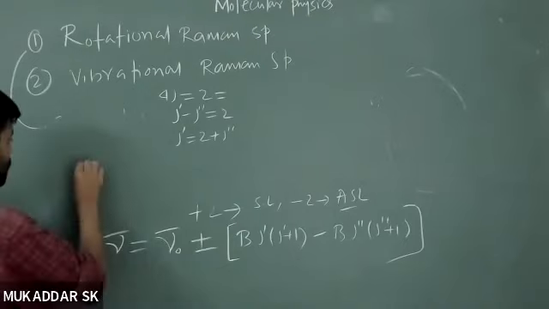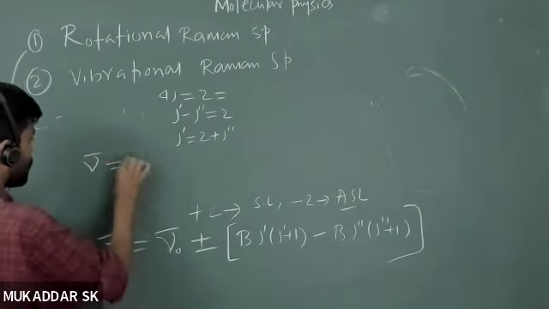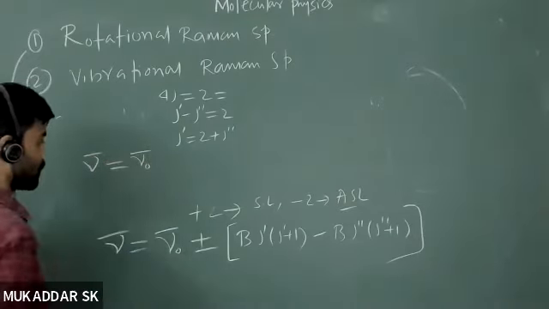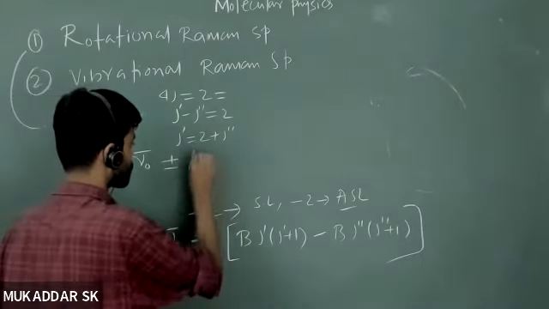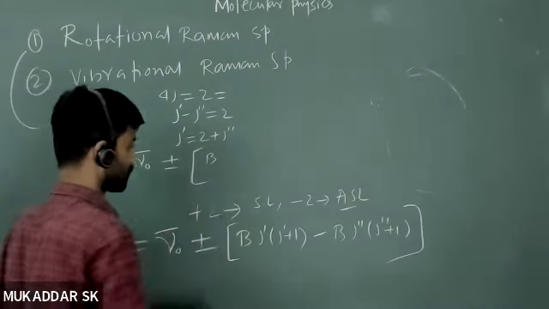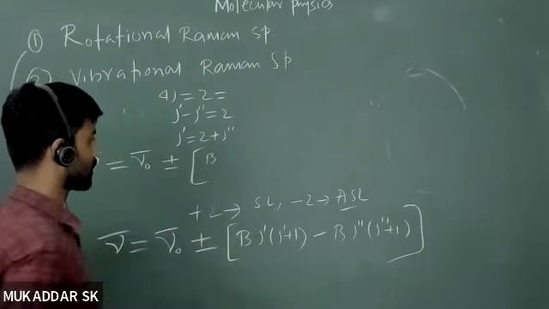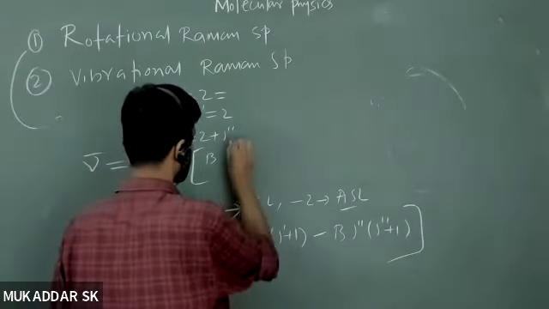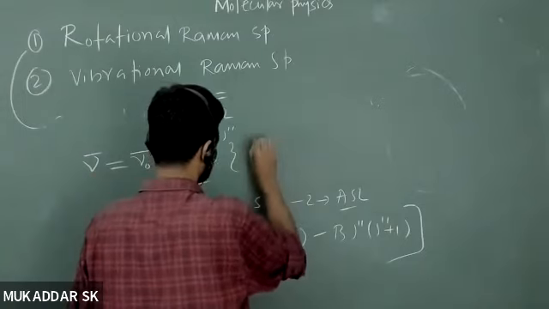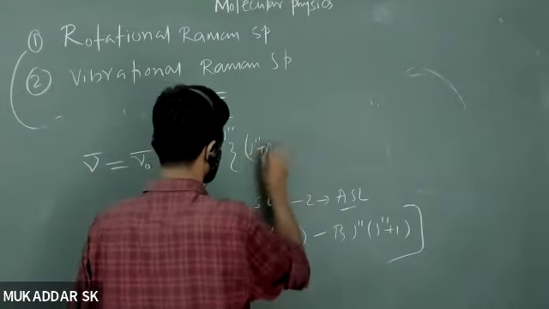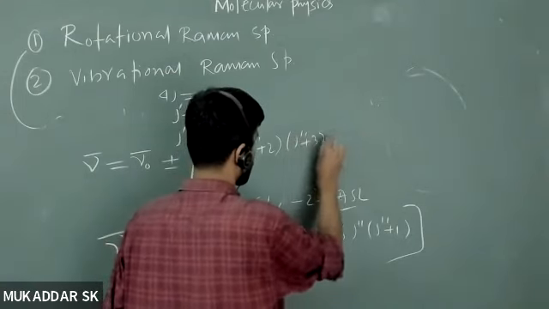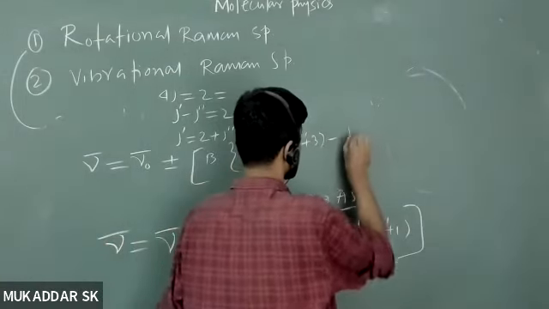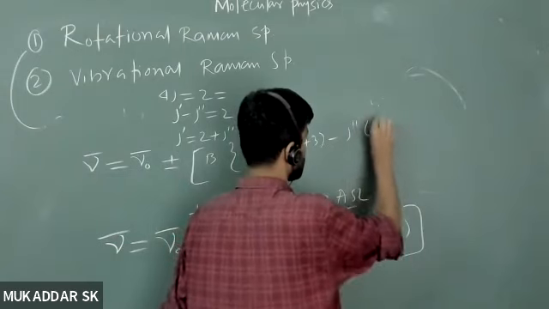So you will get nu bar, that will be nu 0 bar plus minus, B will be common. तो यहाँ पे अगर J dash की जगह substitute करोगे तो फिर क्या मिलेगा आपको? J double dash plus 2, J double dash plus 3, minus J double dash plus 1.